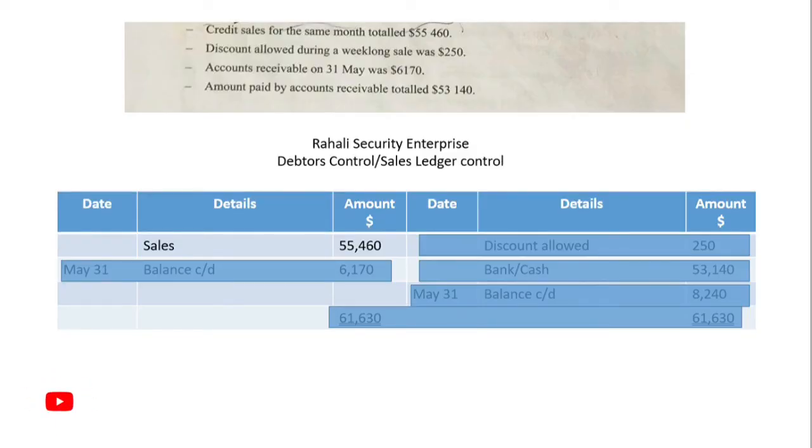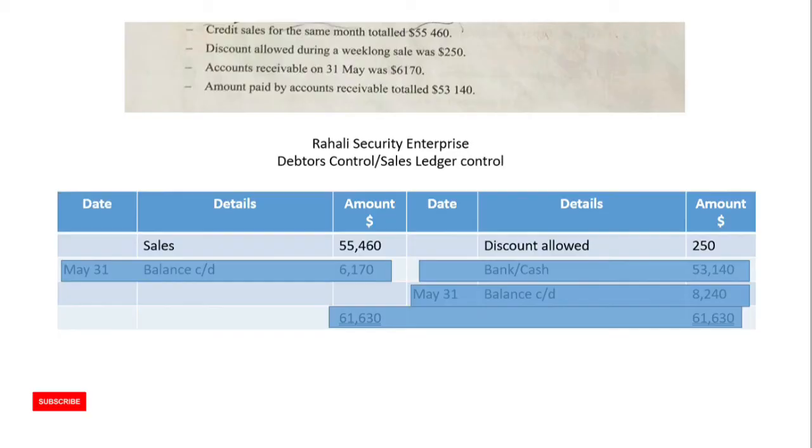The next transaction says discount allowed during a week-long sale was $250. Sorry, you allowed a discount of $250. That is reducing the amount that your debtors owe to you. Therefore, you would make a credit entry in your sales ledger control. The next transaction says accounts receivable on the 31st of May was 6,170.